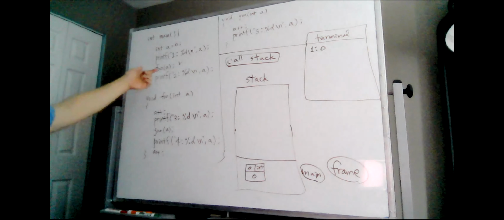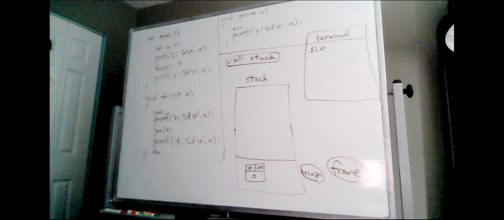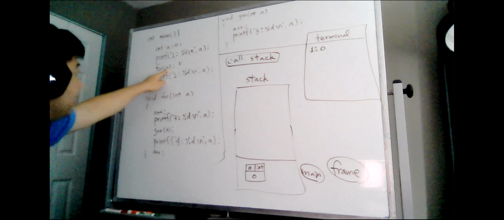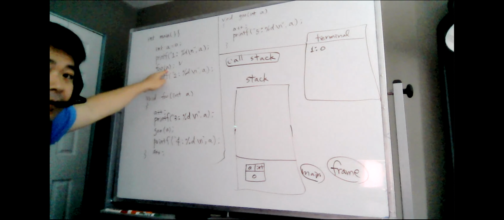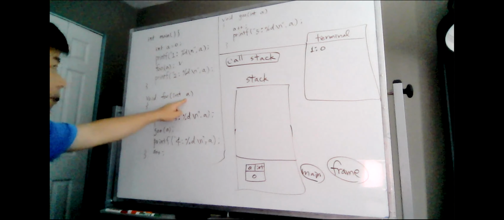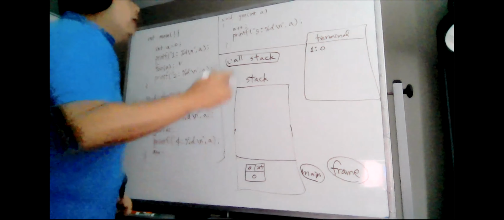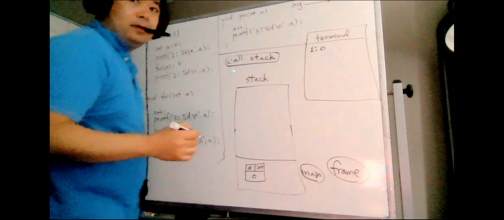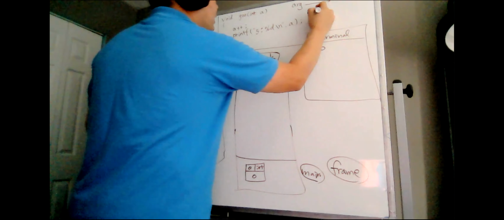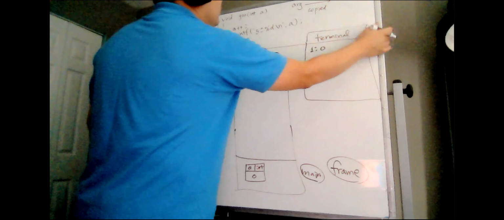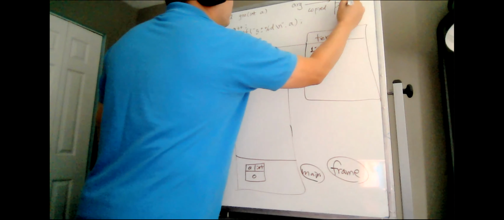When a function is called, the value of the input argument is copied into the parameter of the function foo. Remember again, argument value is copied into parameter.